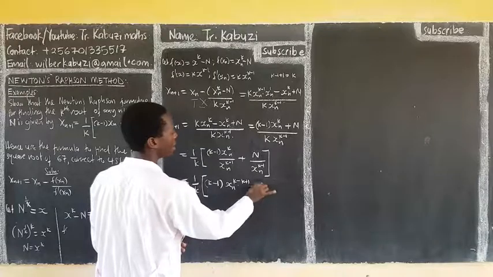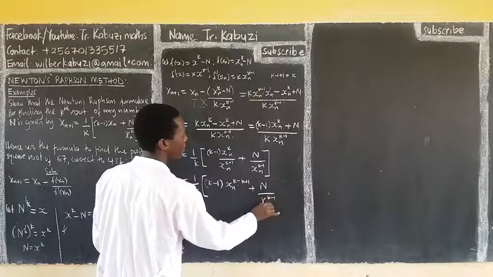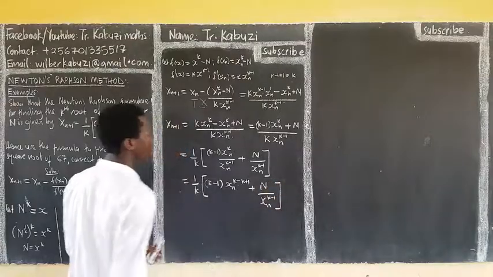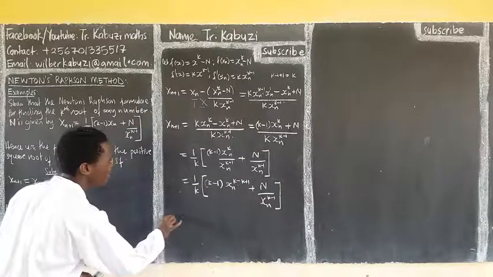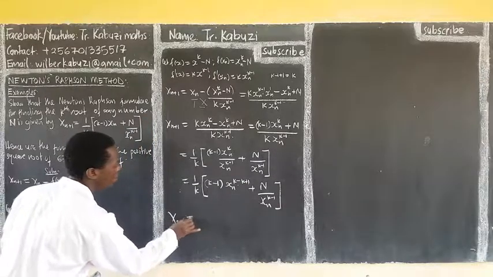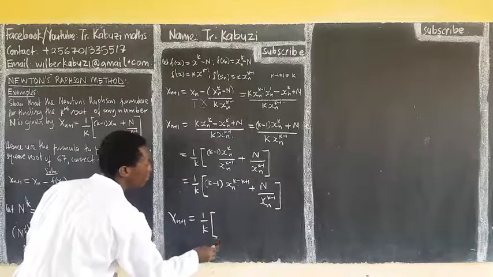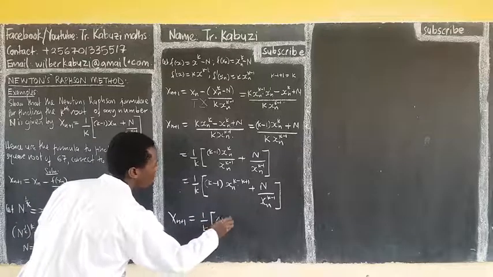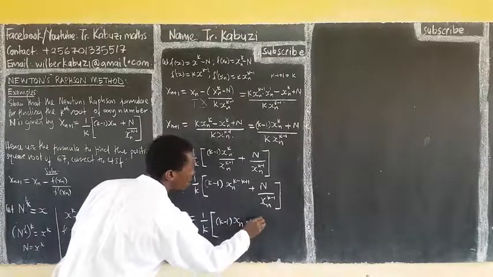Then plus n over k, x^(k-1) n. After doing that, you see that they are going to cancel. So now my x_(n+1) will be 1 over k into (k minus 1) x_n, then plus n.